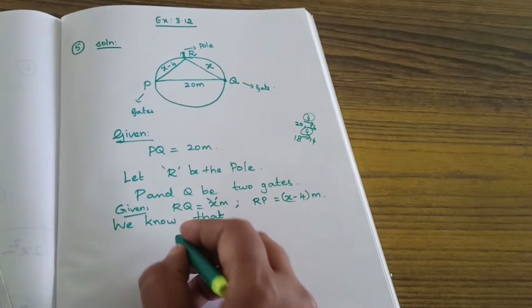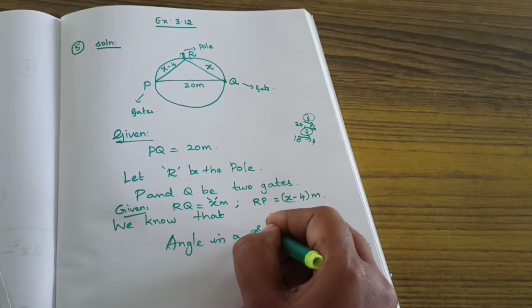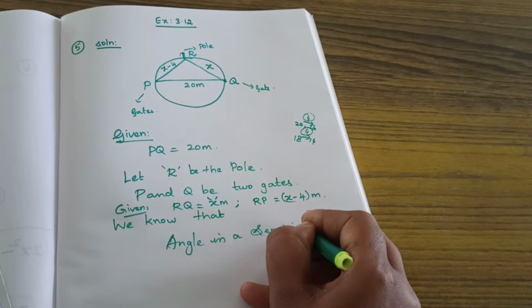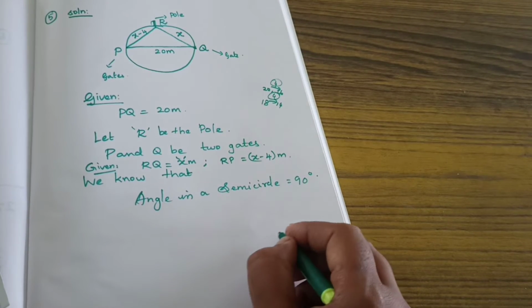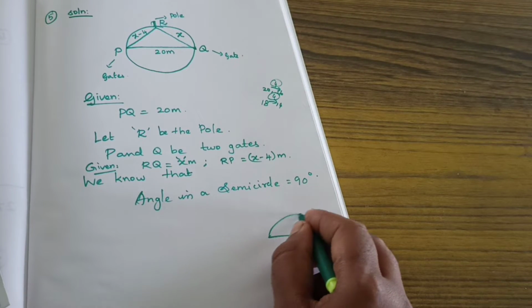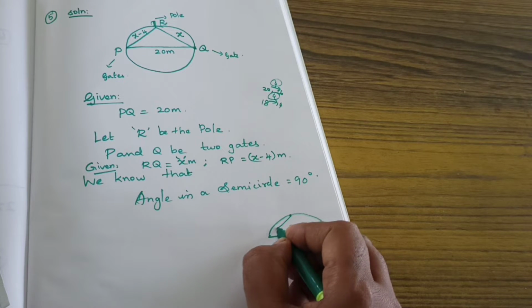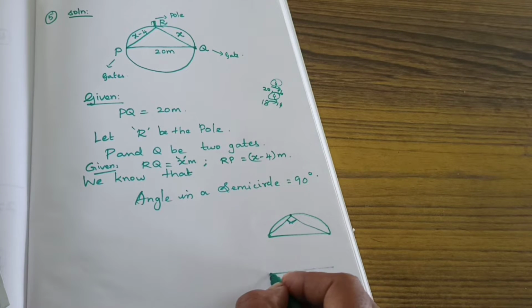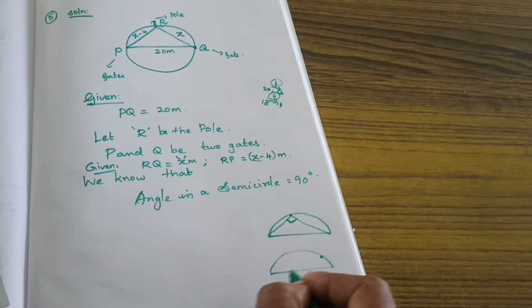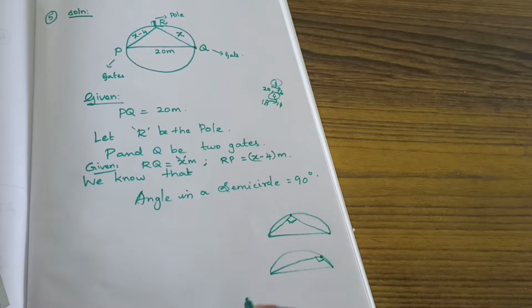Okay, we know that the angle in a semicircle is 90 degrees. You have studied this in 9th standard. Suppose in a semicircle, whatever point we select, what is the angle it will form? 90 degrees.